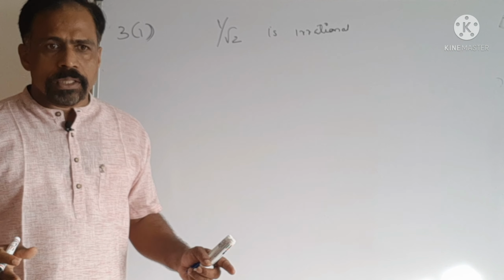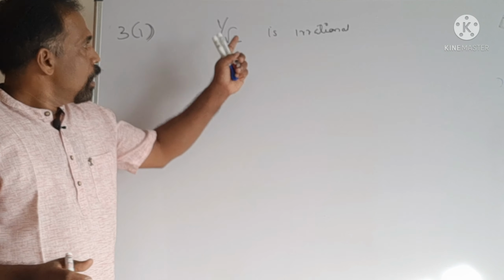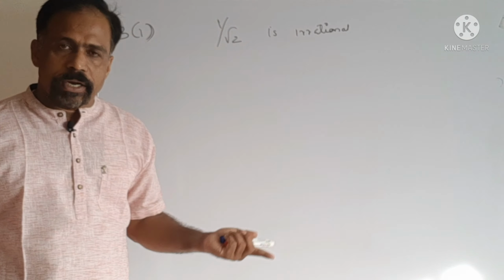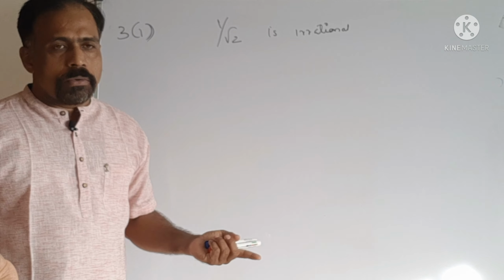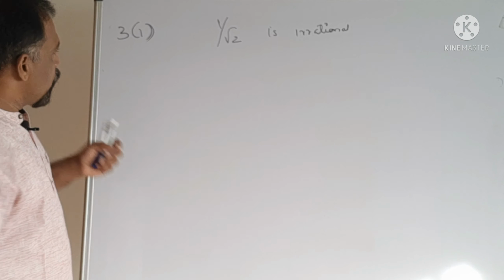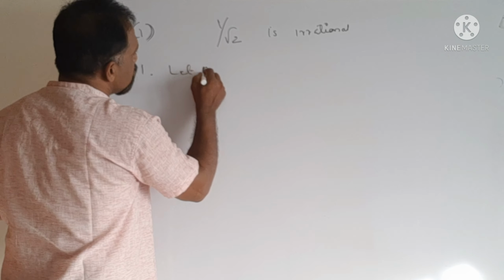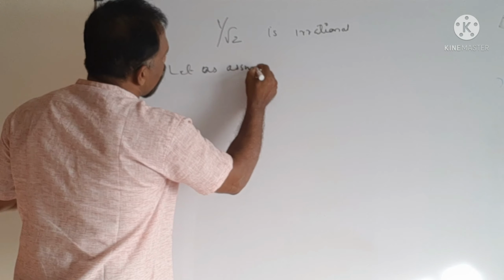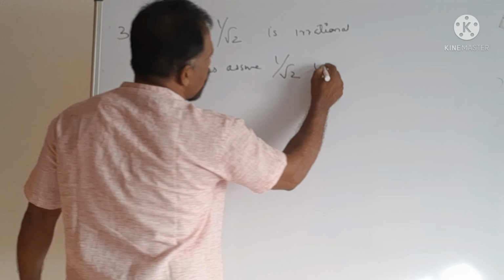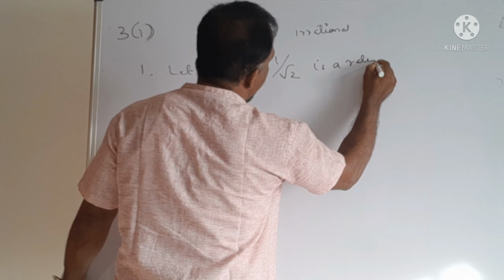Now the next question is, we have to prove that 1 by root 2 is an irrational number. Now this is very easy. Again the first step is, let us assume that 1 by root 2 is a rational number.